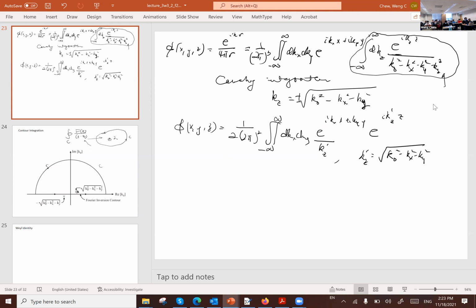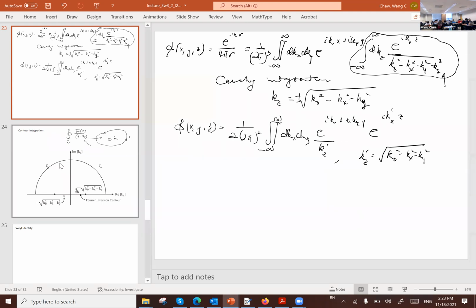And the integration will be done in closed form, and you have only a double integral left instead of a triple integral. So that is a big hurrah for us because we reduce a triple integral into a double integral.